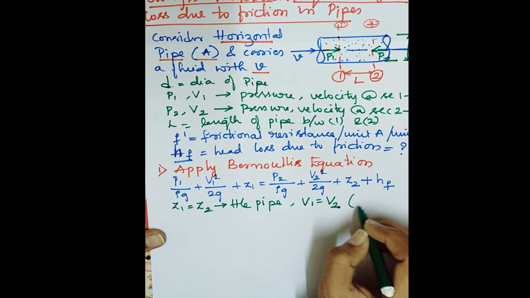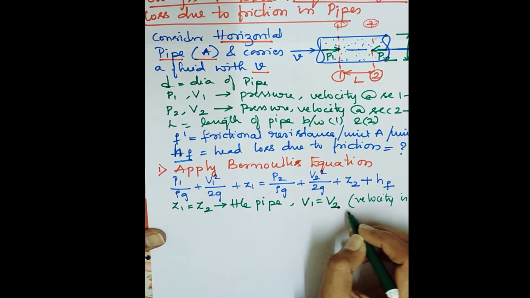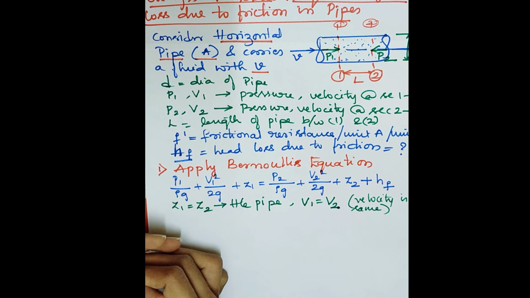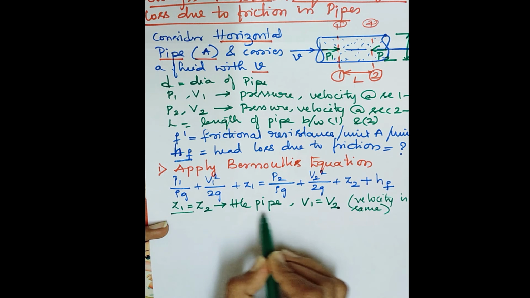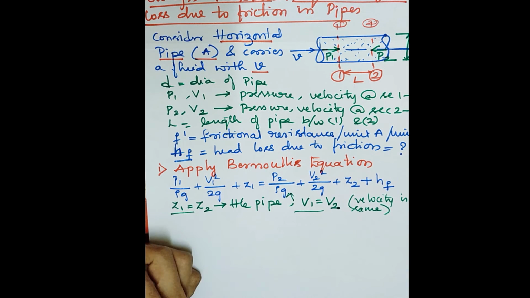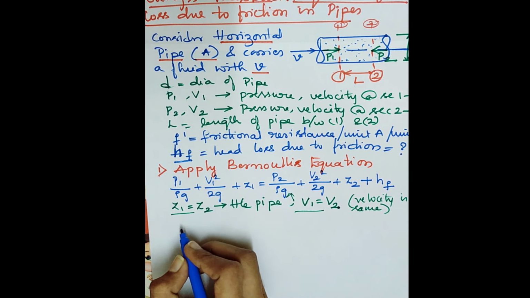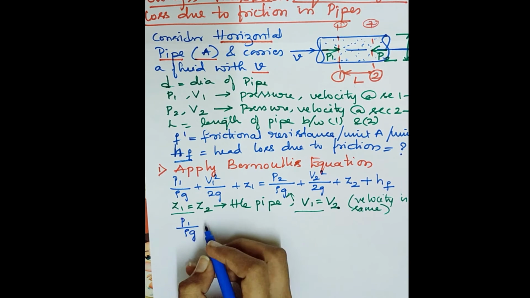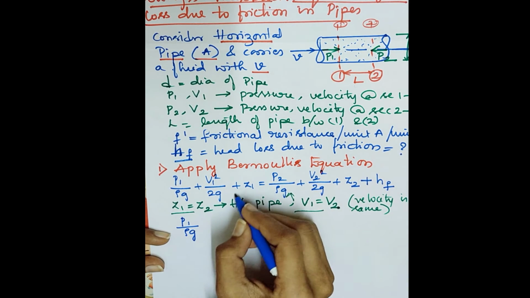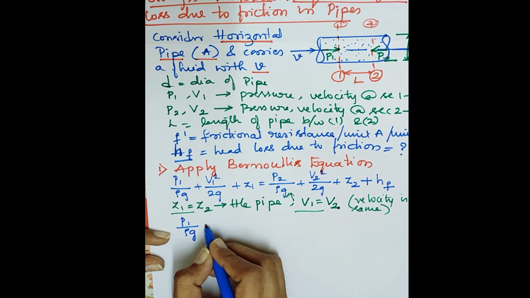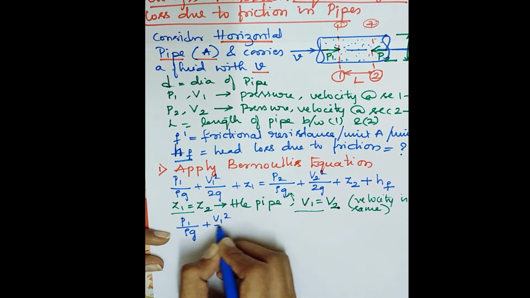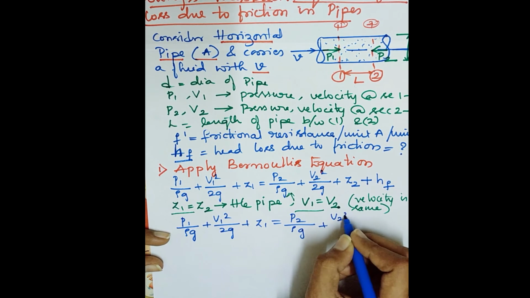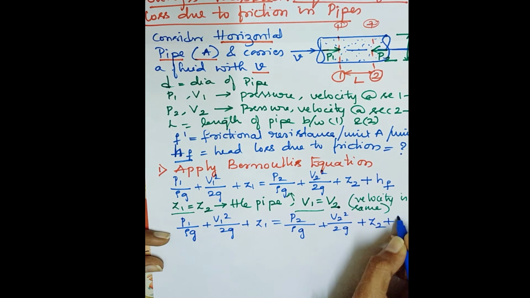If we substitute these two in the above equation, Z1 and Z2 will get cancelled, and V1 and V2 will get cancelled. I'll rewrite it once again: P1 by rho g plus V1 square by 2g plus Z1 is equal to P2 by rho g plus V2 square by 2g plus Z2 plus HF.